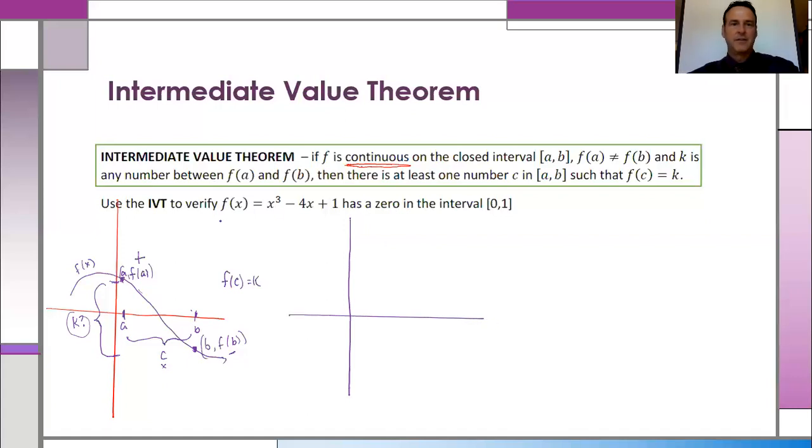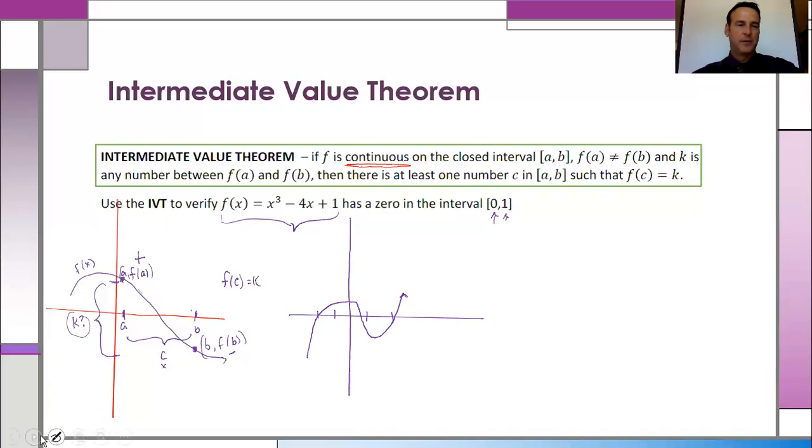Okay, so this is a cubic. It's an inverse Travolta. And if you graph it on your graphing calculator, it looks something like that. Okay. Now they're telling us a very specific A and B. It's between 0 and 1.